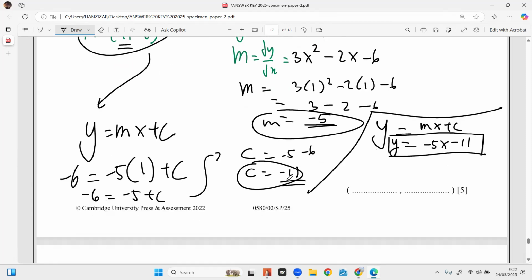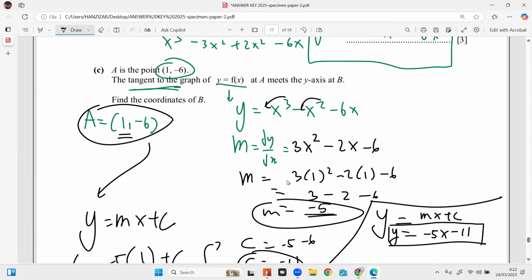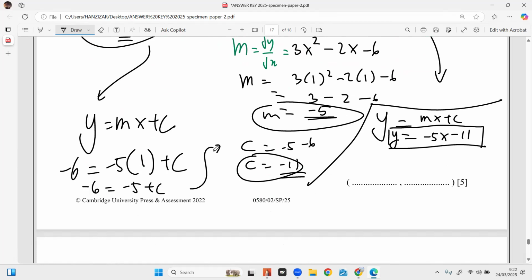And that's not the question. Meet the y-axis at B. Am I doing something wrong? See, -1, yeah. Oh yeah, -5. Sorry, -6 plus 5. Thank you. Yeah, I just answered -1, but I'm not sure. Okay, thanks.